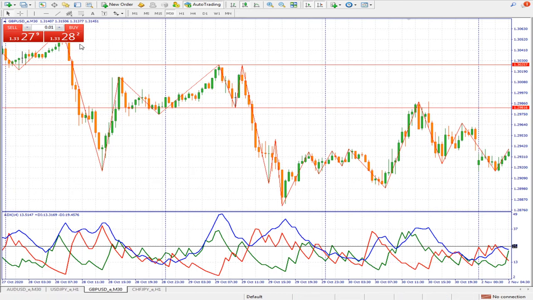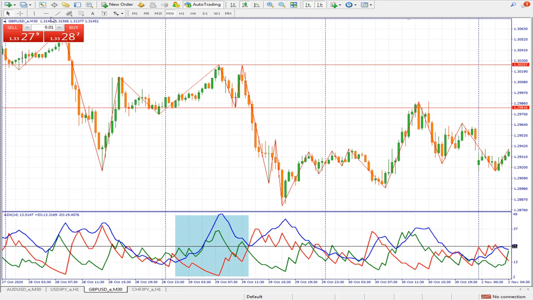Let me highlight that area so that you see what I'm saying. If you have something like this, the blue line above 25, and the green line above the red line, the blue line means we have a trend. The green line now means that trend is actually upwards. So that's how you interpret this section.